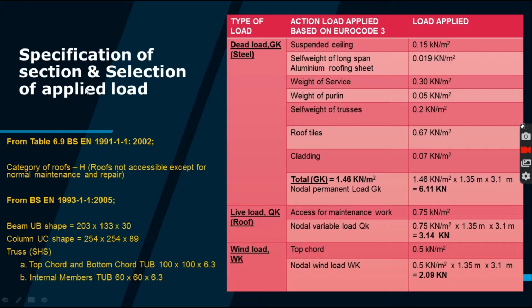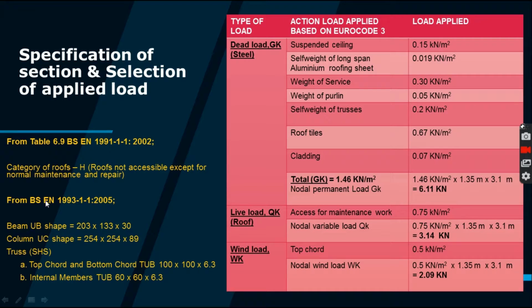The specification of section and selection of applied load from table 6.9 BS EN 1991-1-1:2002, we choose H category of roof, which is roof not accessible except for normal maintenance and repair.